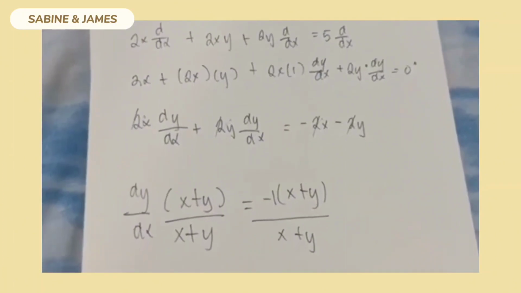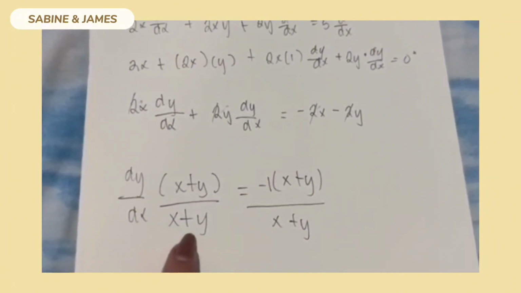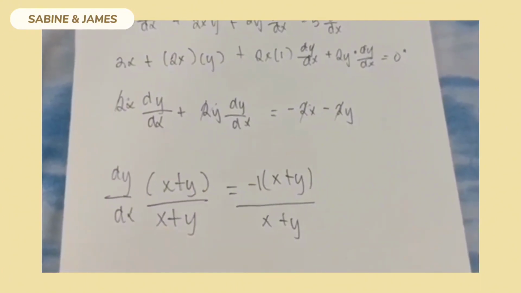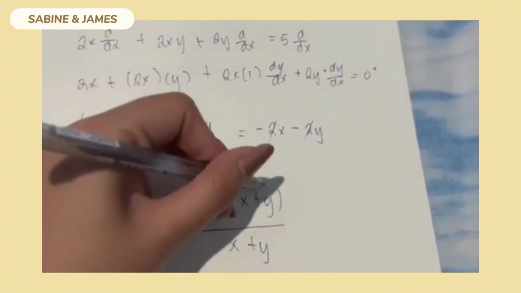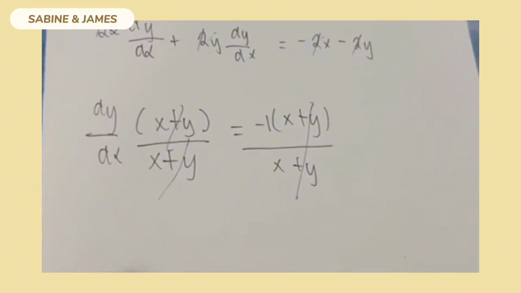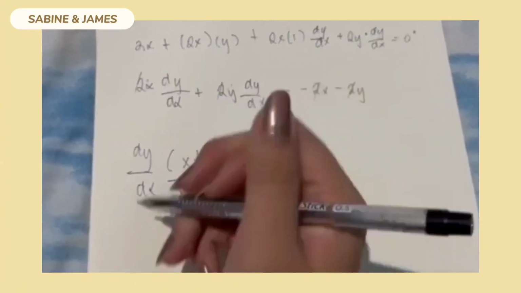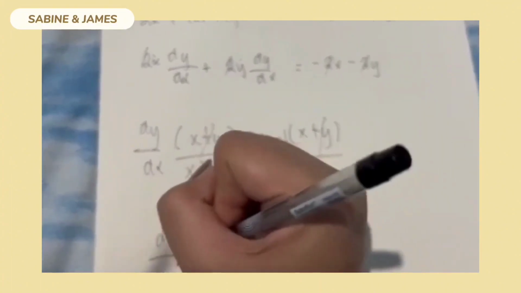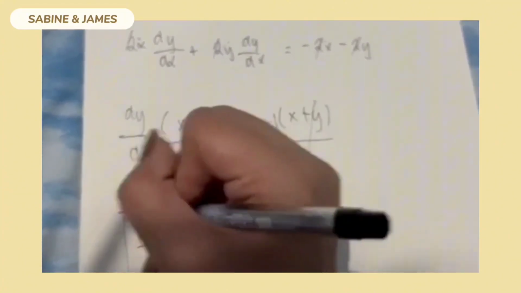Now that we have divided both sides by x plus y, we have to cancel it. Notice the x plus y has been cancelled. So for this particular problem, dy over dx is equal to negative 1.